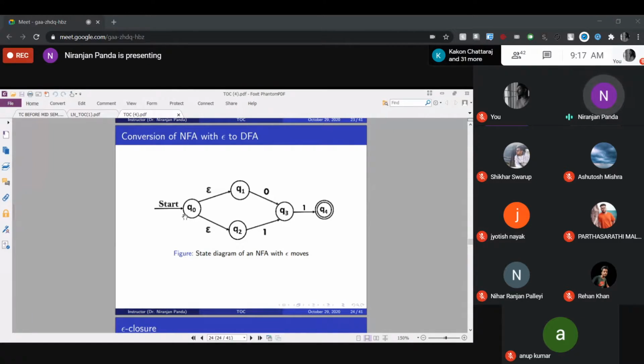Then moving to the question, if I am finding out the epsilon closure of Q0, then what is the state itself? Tell me.